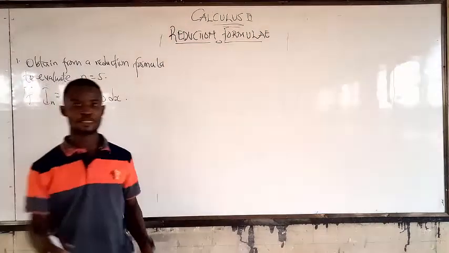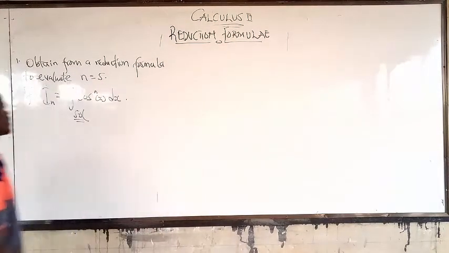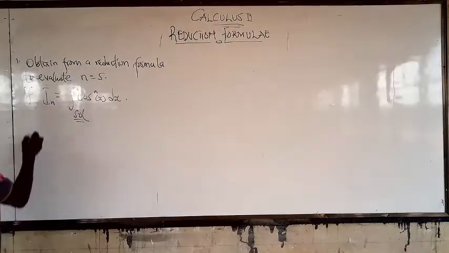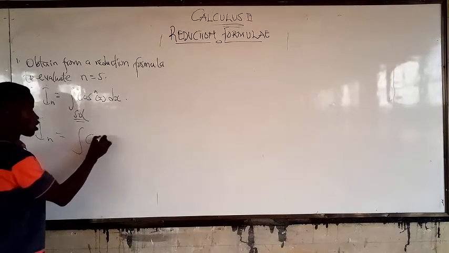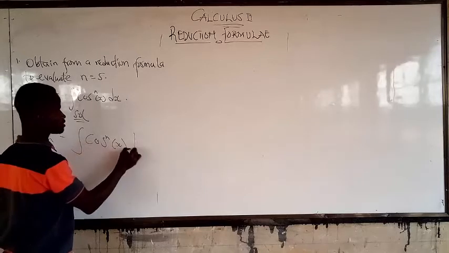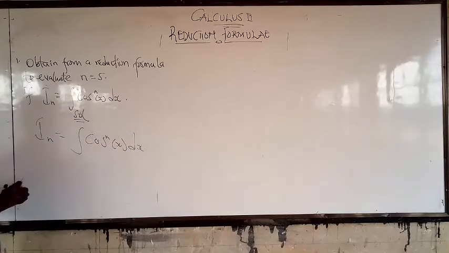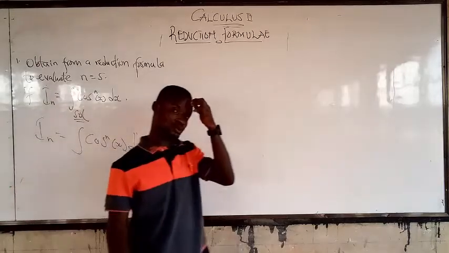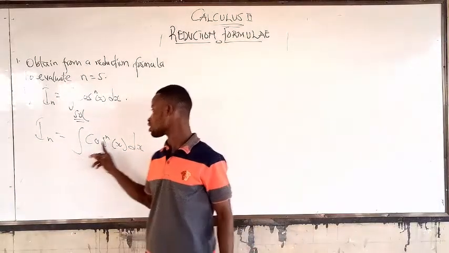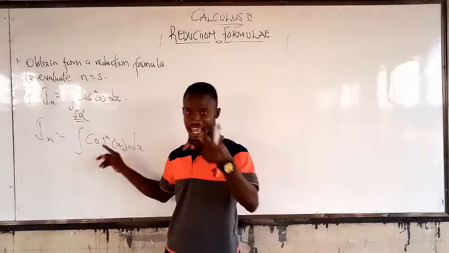So here, hope you are following. What we do first is write In is equal to the integral of cos^n x dx. Now you know the reason why we have I subscript small n: it's because what we have here is n.